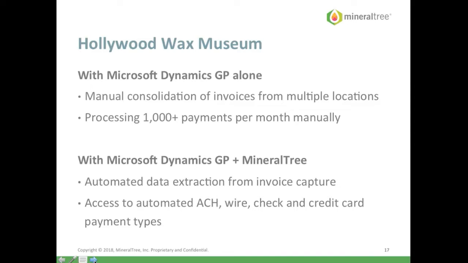So with GP and MineralTree together, they could access all of these payment types from one location. They simply had to select the payment type that they want for each payment, and off it goes. No more initiating ACH with the bank, credit card, or check, and they could pay the same vendor in multiple different ways based upon their cash flow or their needs at the time.